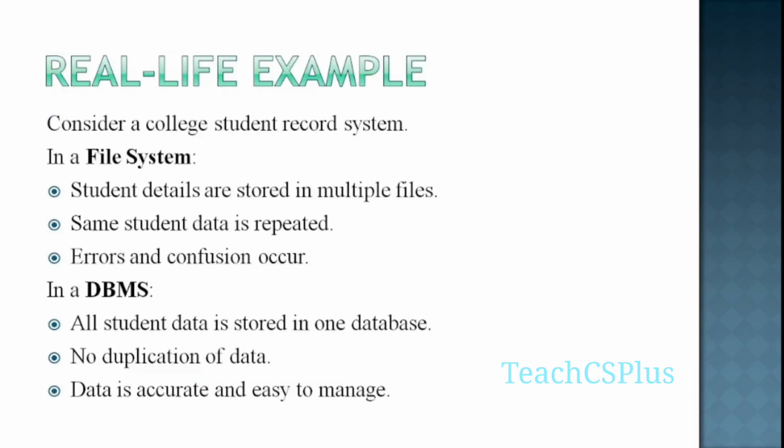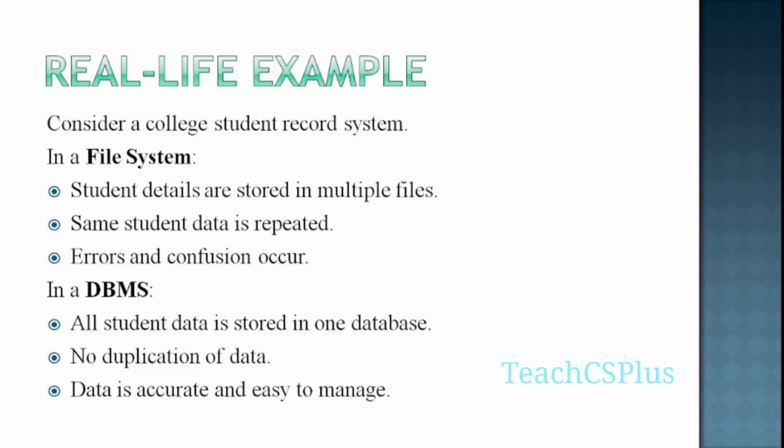Now see a real life example. Consider a college student record system where there are different courses and many students enrolling in those courses, and the record system has data of every student. So in a file system, let's see what happens.